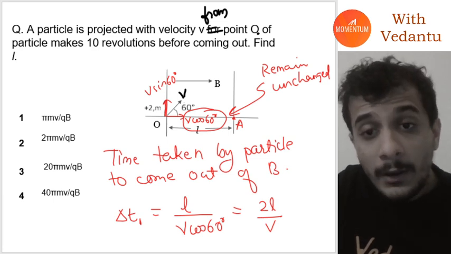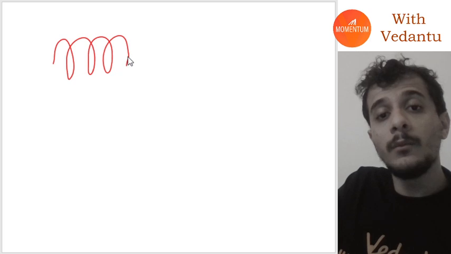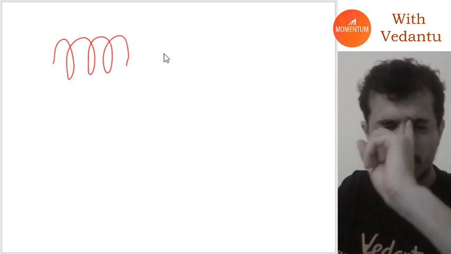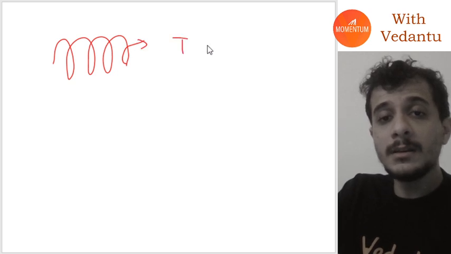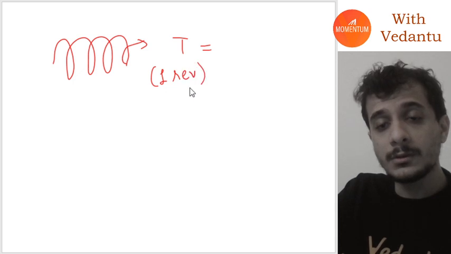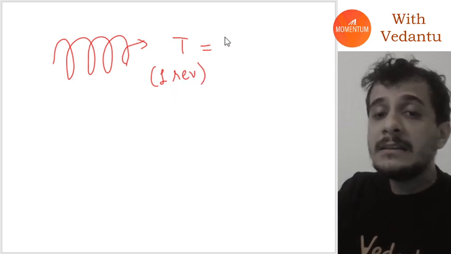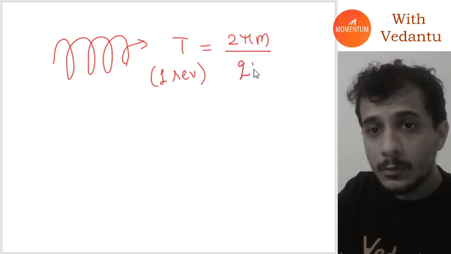Also, you have to remember that when a particle is undergoing helical motion, the time period of one revolution is given by 2 pi m divided by q into b.